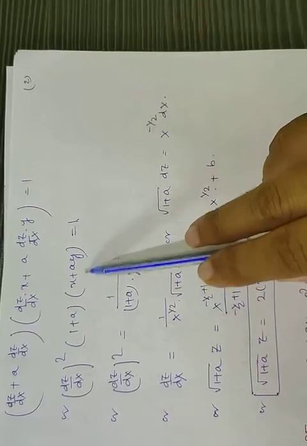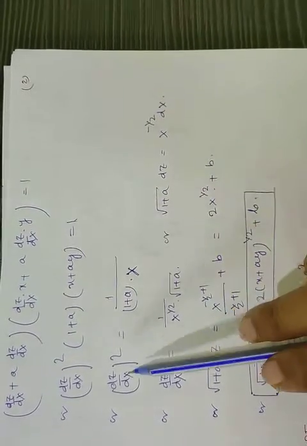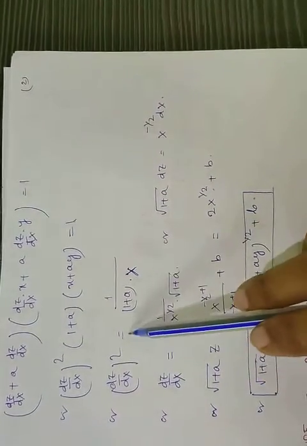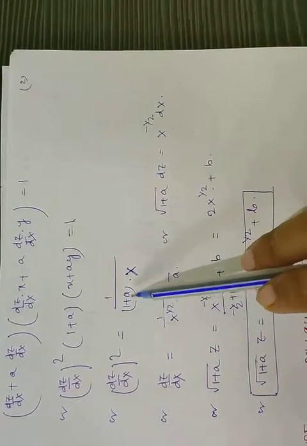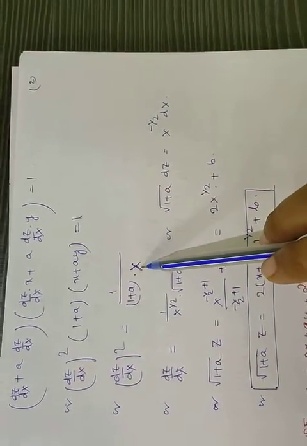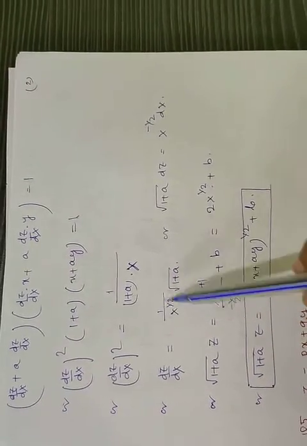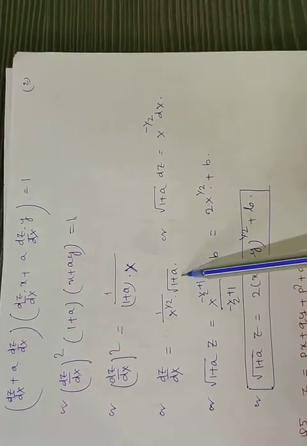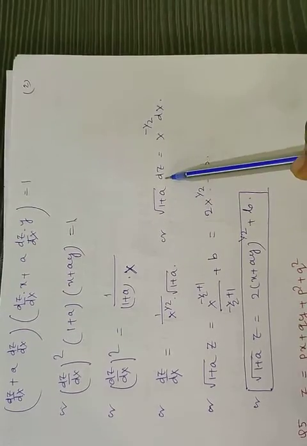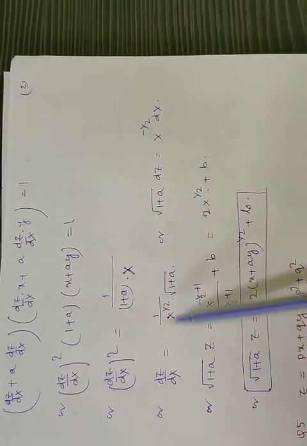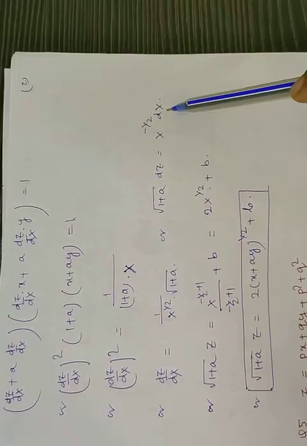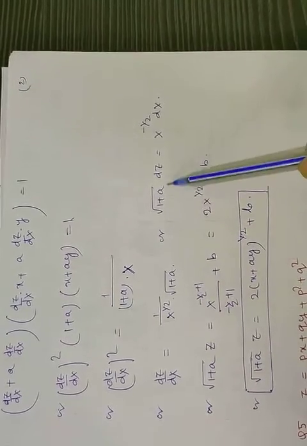What is x + ay? It is capital X. So it becomes (dz by dX)² = 1 by (1 + a)X. So dz by dX = 1 by X^(1/2) root over (1 + a), or root over (1 + a) dz = X^(-1/2) dX.